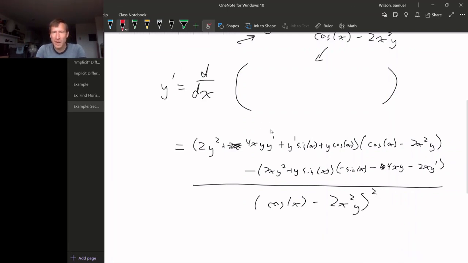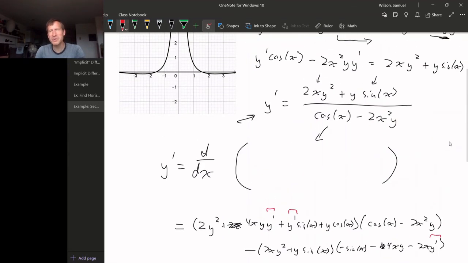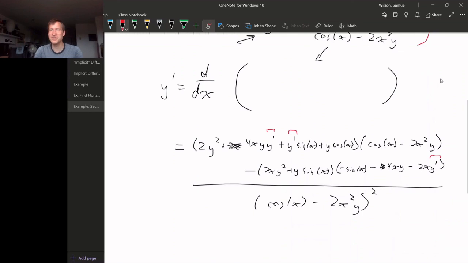Now, we have a bunch of y primes showing up here. But remember, we have a formula for y prime. So to finish off, all we would do is take our formula for y prime and stick it into all of these places. Now, of course, that's going to make a giant mess.